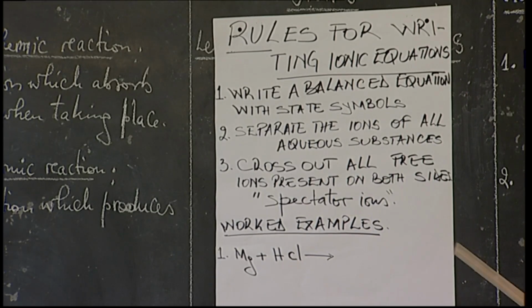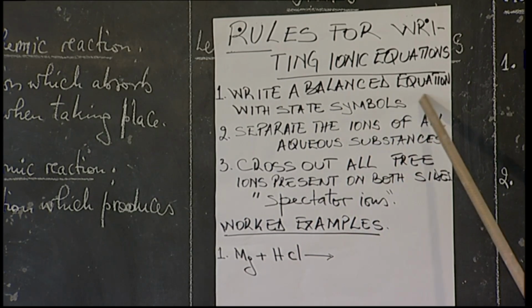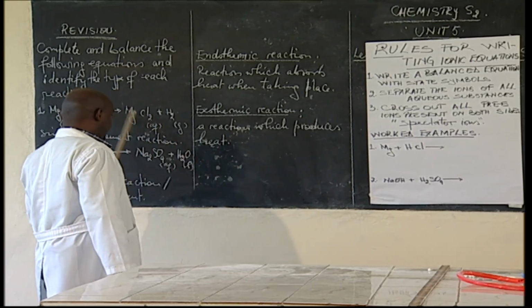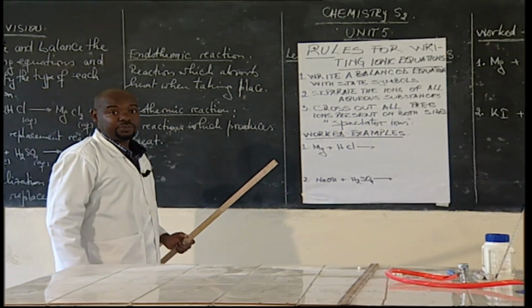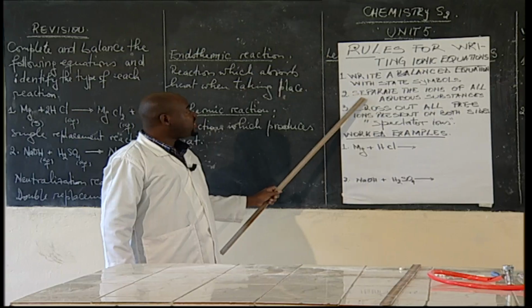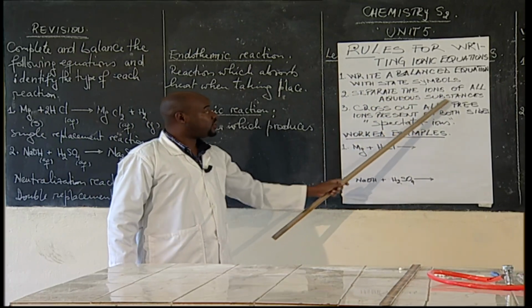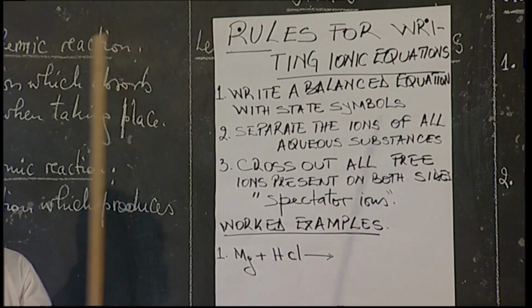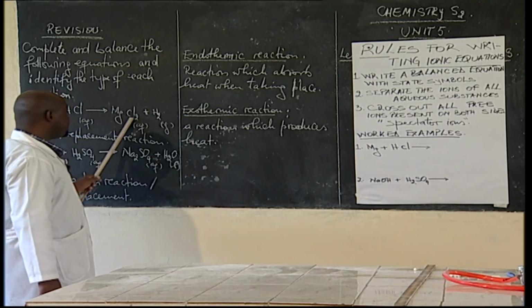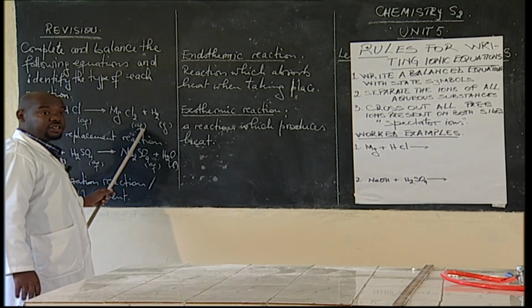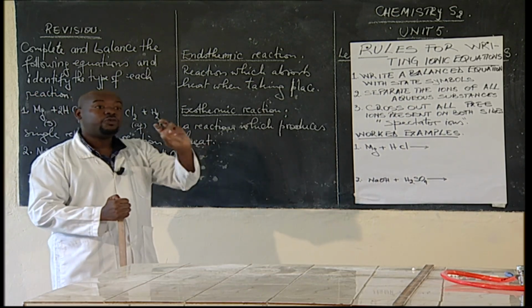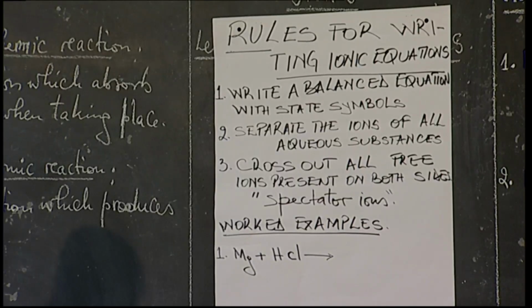Rule number 1, we have to write a balanced equation with state symbols, just like how we did it, magnesium and hydrochloric acid, a balanced equation with state symbols. And secondly, we separate the ions of all aqueous substances. We write the ions in a separate form. For example, here we have magnesium chloride. It is in the aqueous state. Now, because it is in the aqueous state, we will separate the ions forming that magnesium chloride.